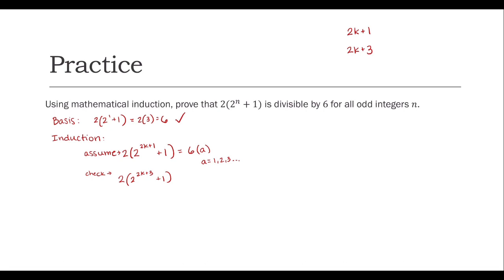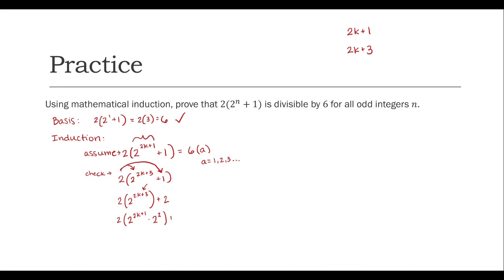So we'll start by distributing this 2. So we have 2 times 2 to the 2k plus 3 plus 2 times 1, which is 2. So then we're going to split our 2 to the 2k plus 3 into 2 times 2 to the 2k plus 1, because that's what we have up here in our original one, and then times 2 to the second power, because 2k plus 1 and the squared exponent equal our 2k plus 3 in the exponent.